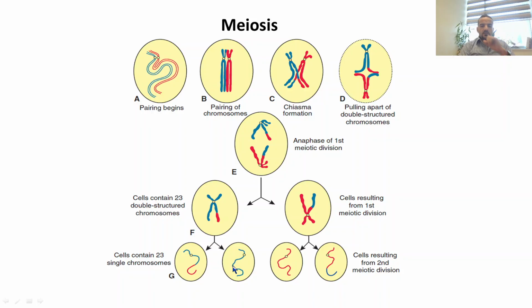So the result of meiosis are 4 cells that are haploid.